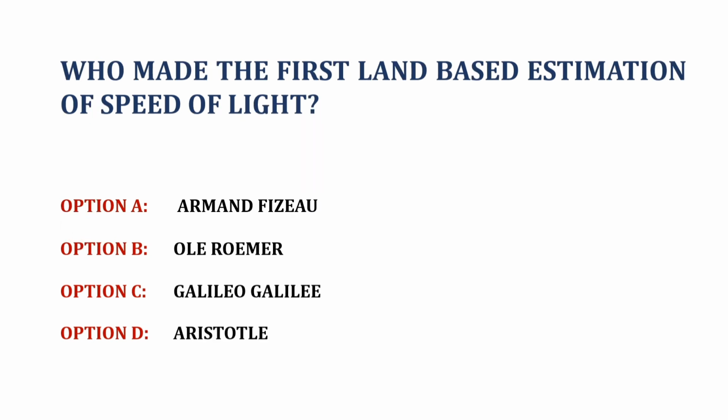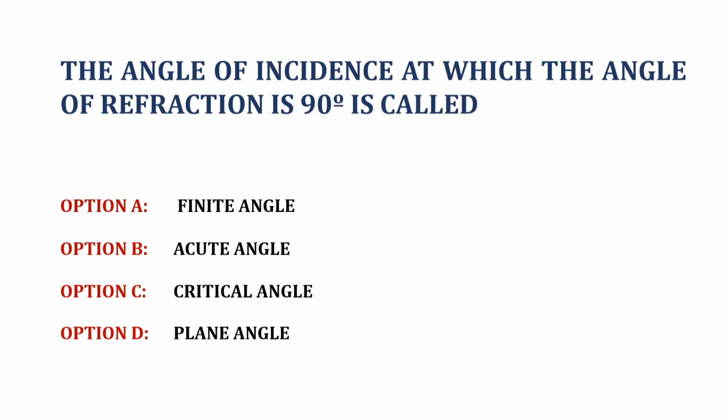Who made the first land-based estimation of the speed of light? Option A, Armand Fizeau. The angle of incidence at which angle of refraction is 90 degrees is called? Option C, critical angle.